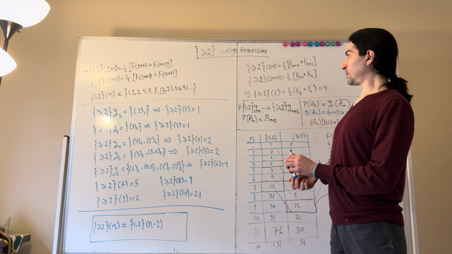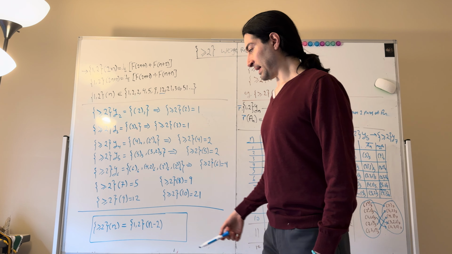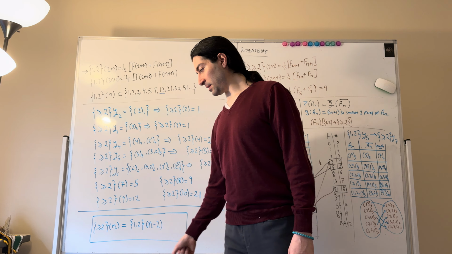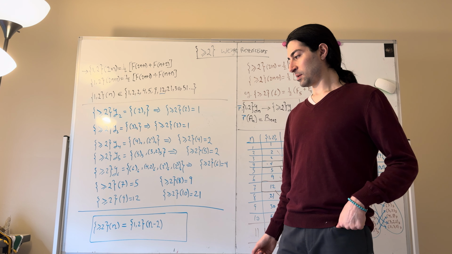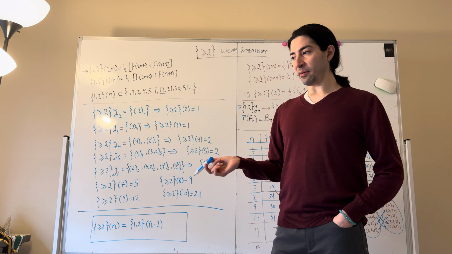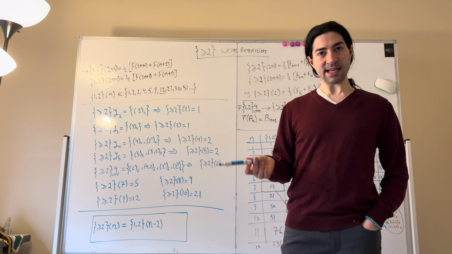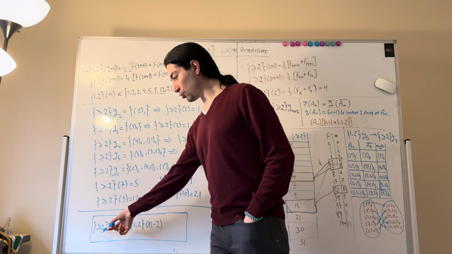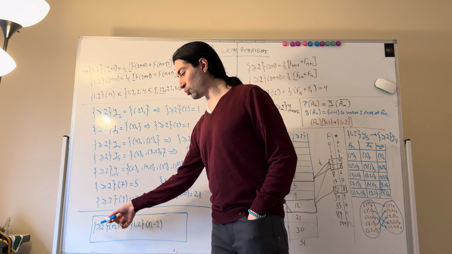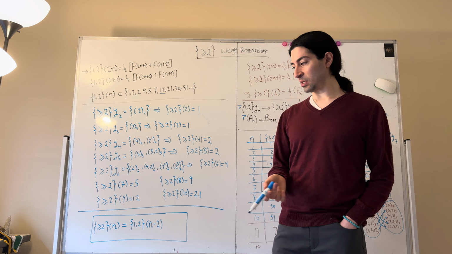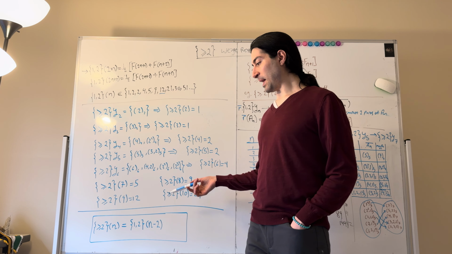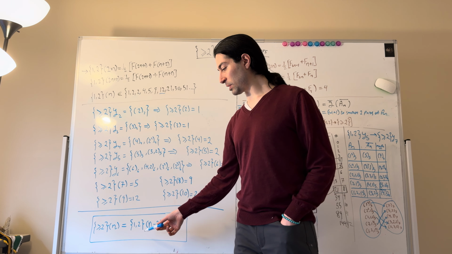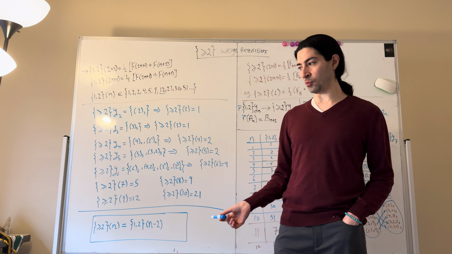So we can say there is a rule that the size of the degree n set that meets the at least 2 restriction is the same as the size of the 1, 2 restriction for degree n minus 2.